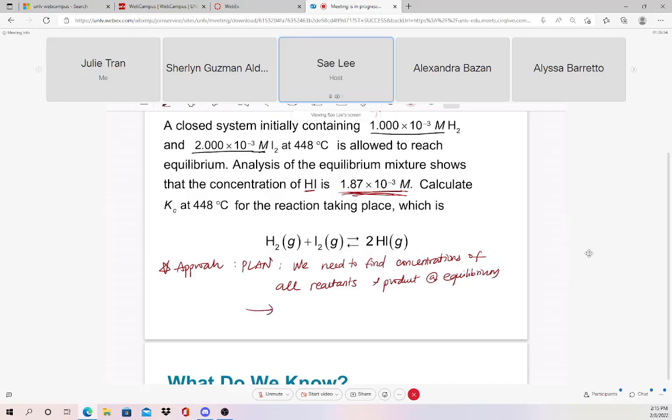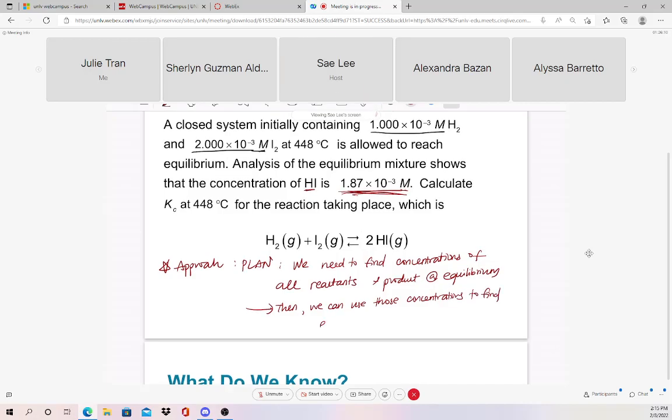Then we can use those concentrations to find the equilibrium constant Kc.